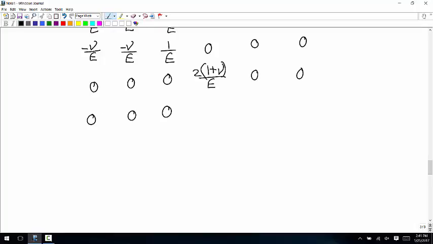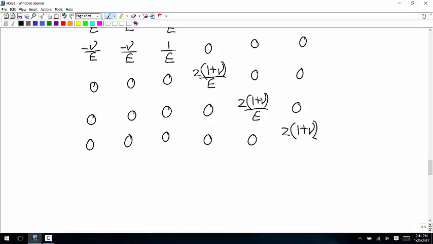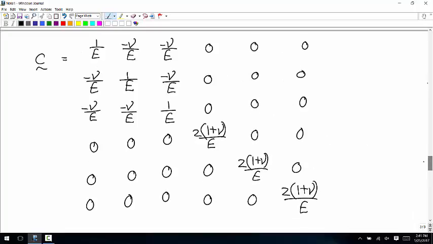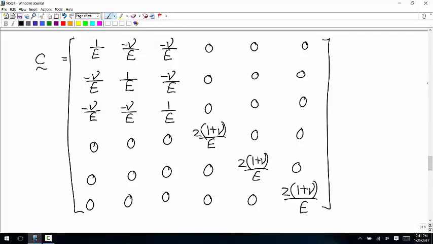Then 3 zeros, and then this element just moves across one by one over the last 3 elements. So now 0, 2 times the quantity 1 plus nu over E, 0, and then 0, 0, 0, 0, 0, 2 times the quantity 1 plus nu over E. And so once you come up with the values for Young's modulus and Poisson's ratio, you can fill out this matrix for whatever material you're doing.